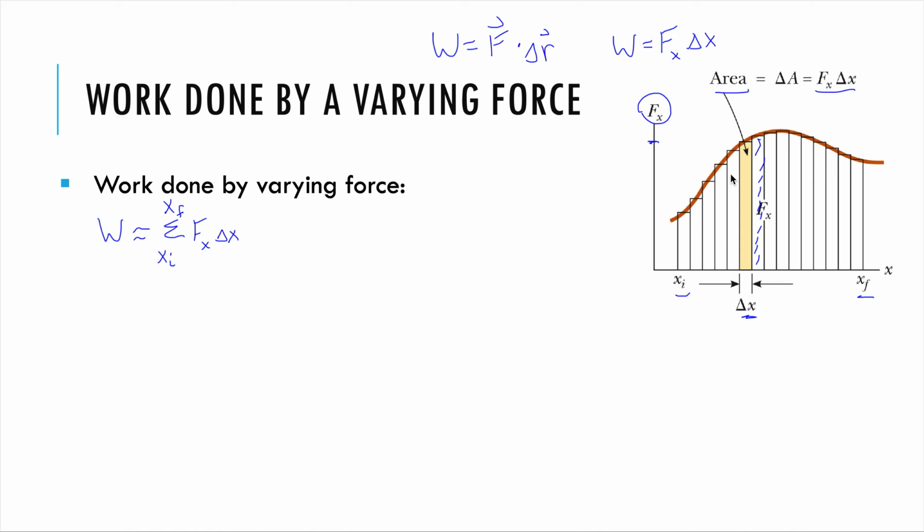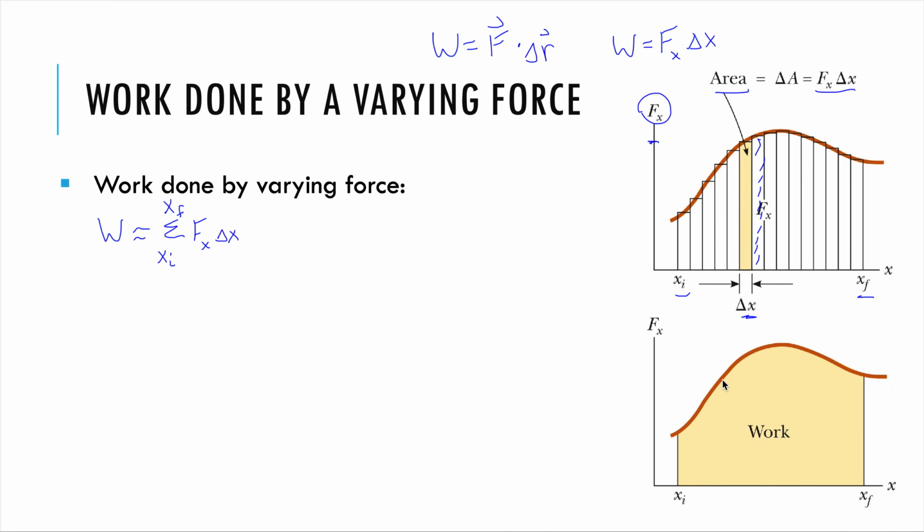And we can see that if we have an infinite number of strips, so the thickness approaches 0, then when we add up all of these strips, we really are getting the complete area under the curve.